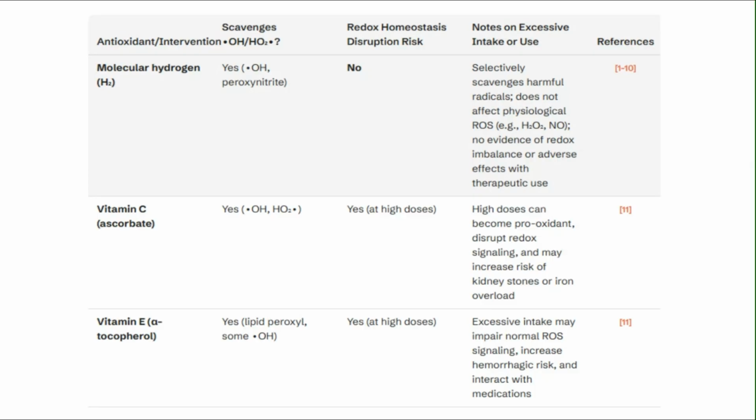Sorry, that's a typo right there. It doesn't affect nitric oxide at all. It just deals with the hydroxyl radicals and peroxynitrate. And oh no, it's not a typo. I see it now. It says does not. And then there's no evidence of redox imbalance or adverse effects with therapeutic use. It can activate the NRF2 pathway, but it doesn't prolong activation of it.